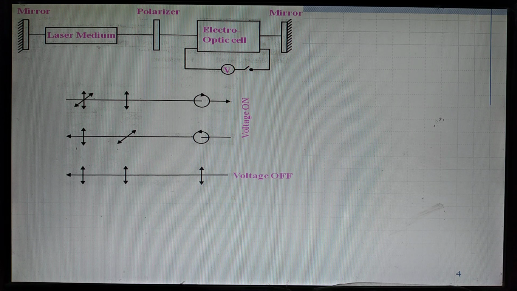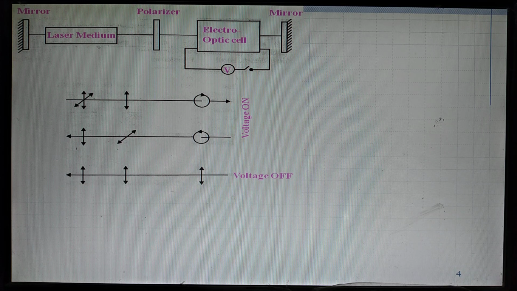On emerging from the crystal, the two components combine to produce circularly polarized light. The light beam reflects from the mirror and returns to the cavity traveling in the opposite direction. On reflection, the sense of rotation of circularly polarized light reverses.